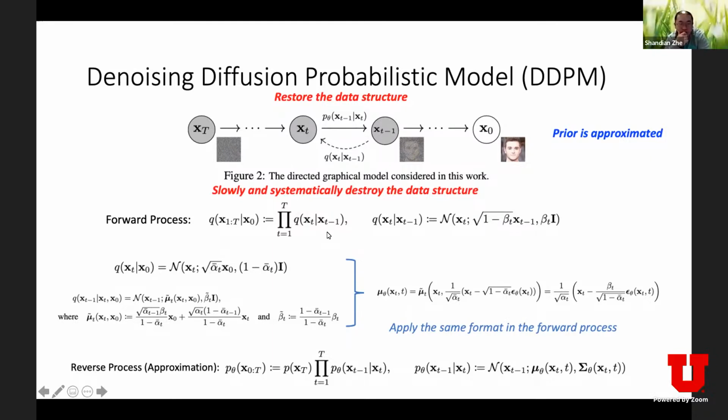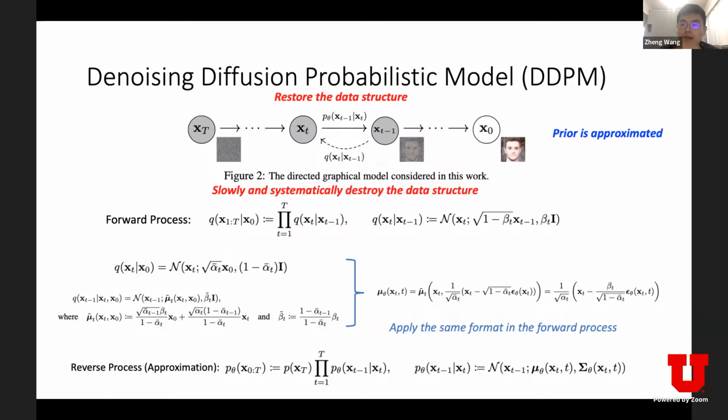What's the definition of a prior? Actually, here the marginal distribution of the x0 is approximated. Actually, it's not a prior.